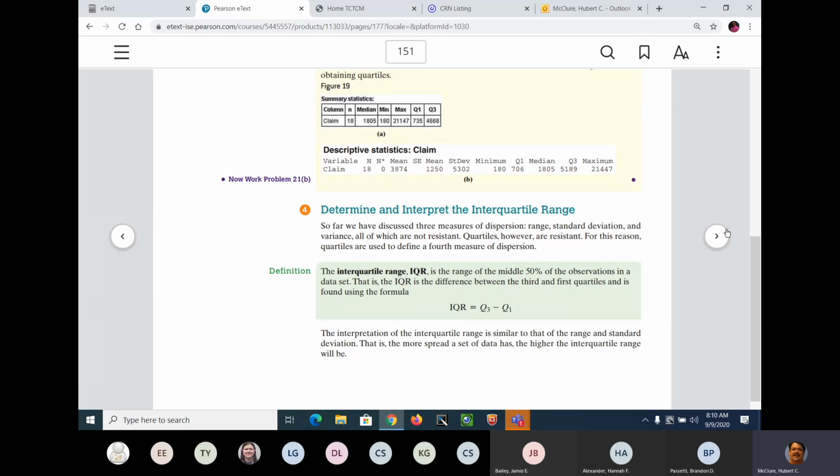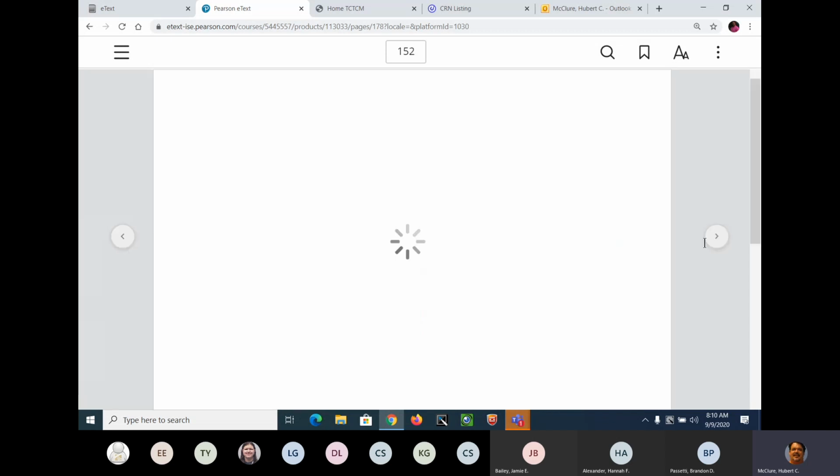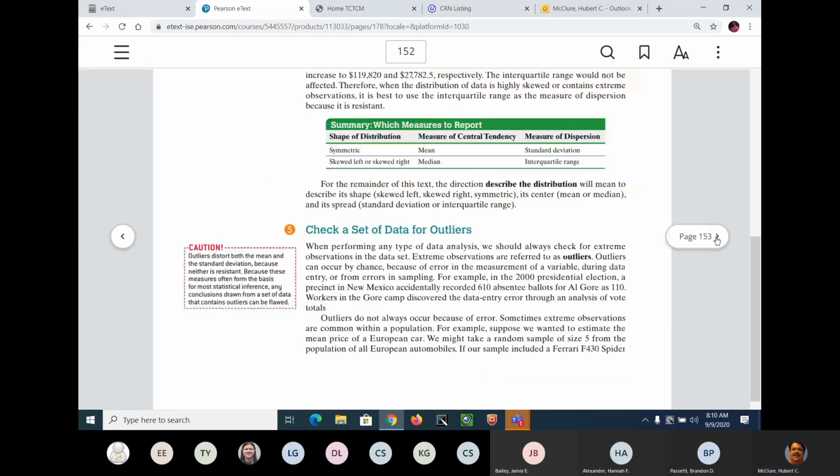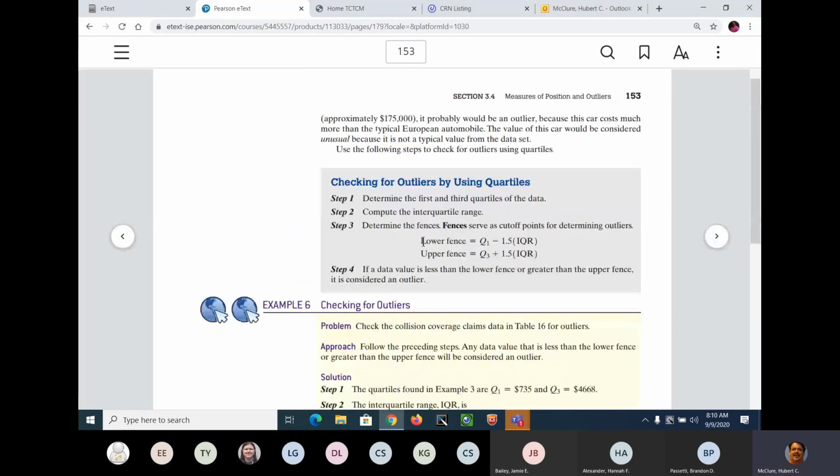And then the second thing is the other 2, which sets your boundaries for your outliers. There they are. The lower limit is Q1. I call it the lower limit. Q1 minus 1.5 times the interquartile range.